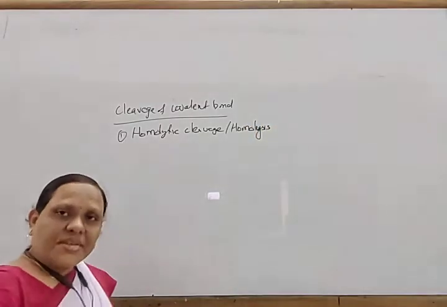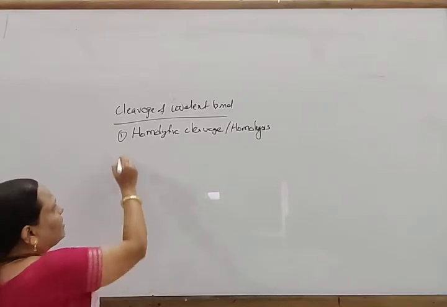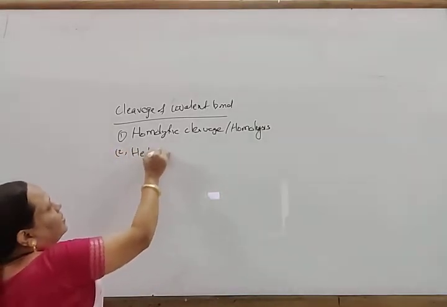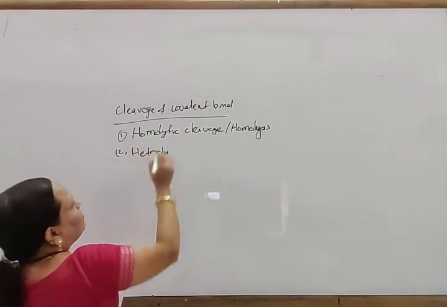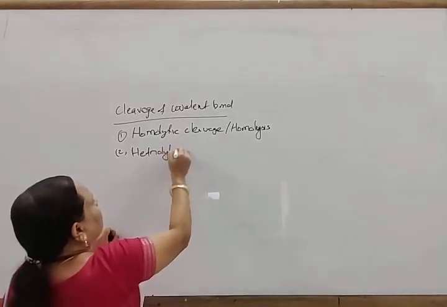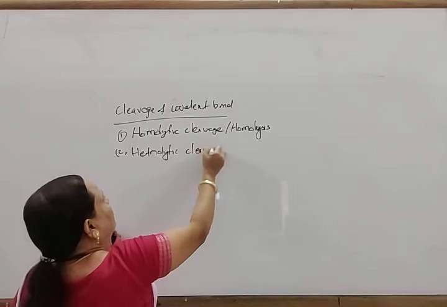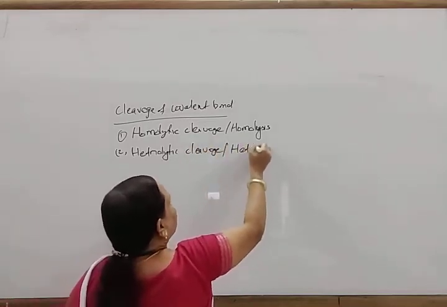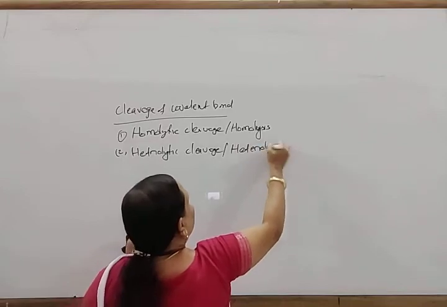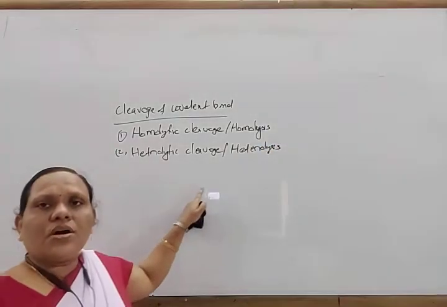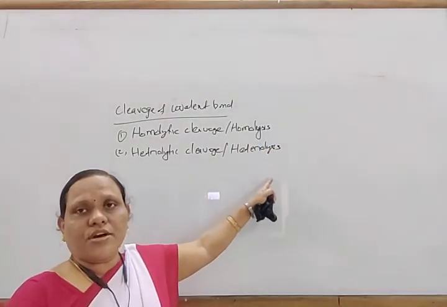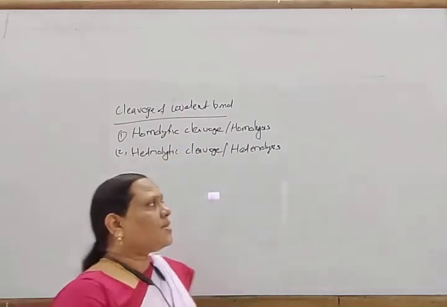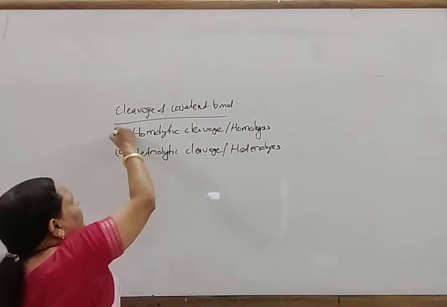This is also called symmetrical cleavage, symmetrical breaking of a bond. Another is heterolytic cleavage, also called heterolysis, and this is also called unsymmetrical cleavage of a bond. So this type of cleavage generally takes place.